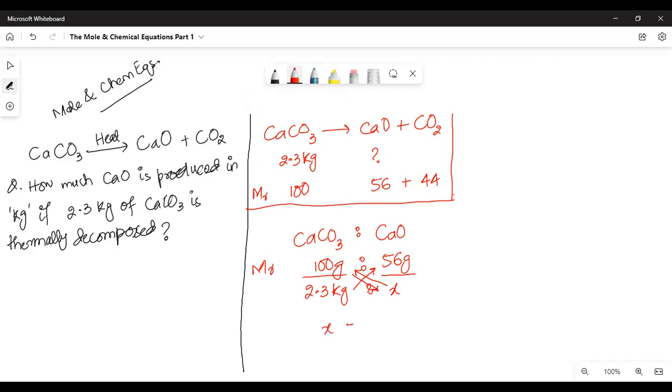Really make a little bit of changes. 56 grams multiplied by 2.3 kilograms over 100 grams. So x went over here, 100 came as a denominator on the other side, 2.3 kg goes to the numerator on the other side. Gram, gram, cut them out. You can solve the rest simply with the calculator and you'll have your answer.